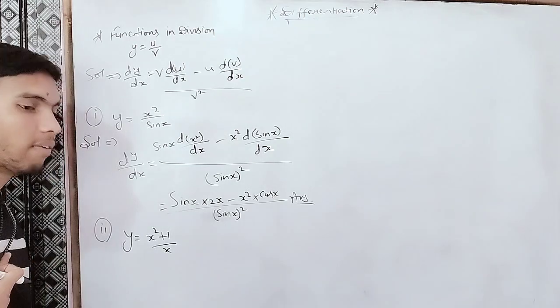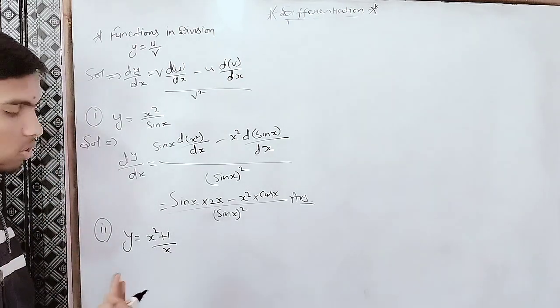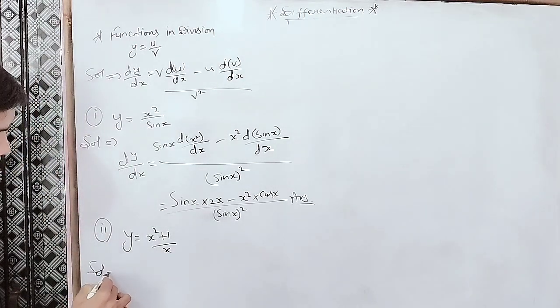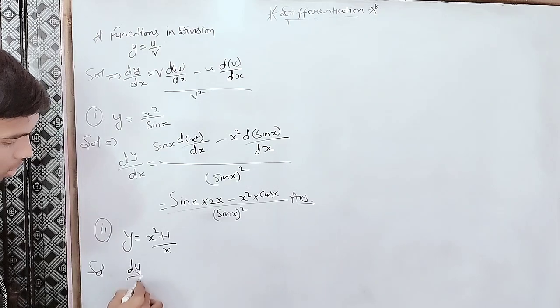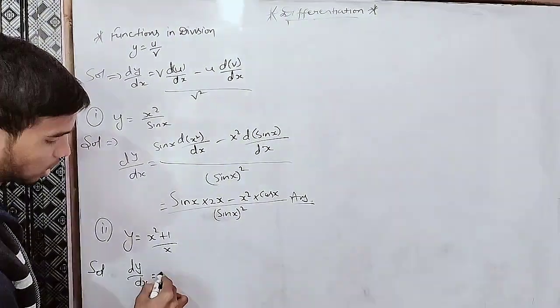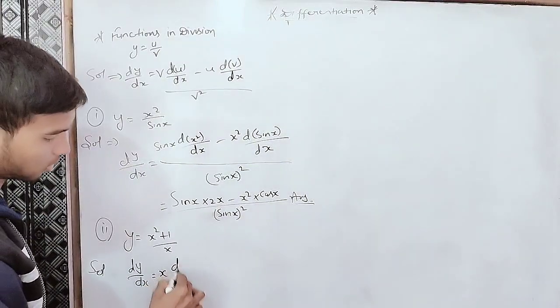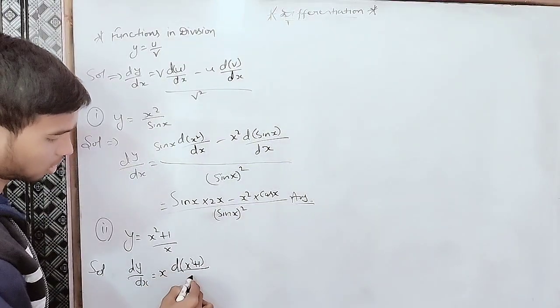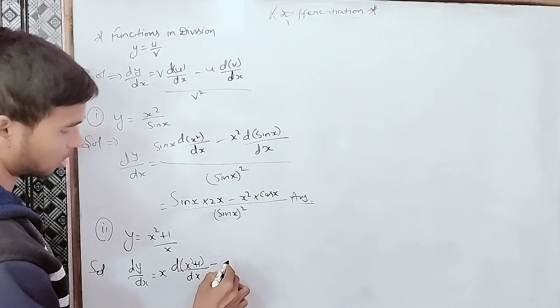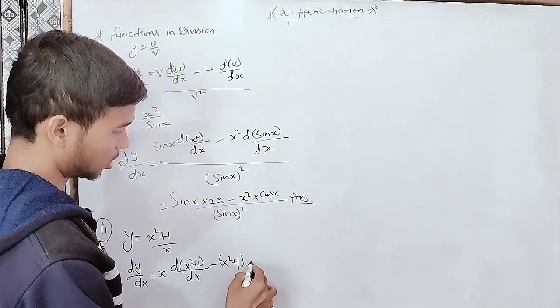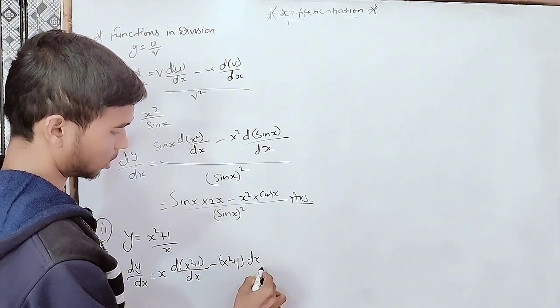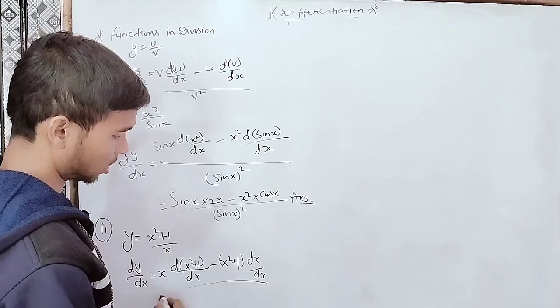So first we have x square plus 1, then we have x. Okay, then d by dx.